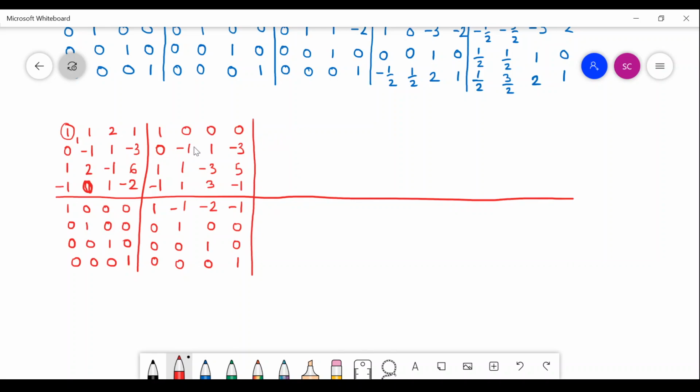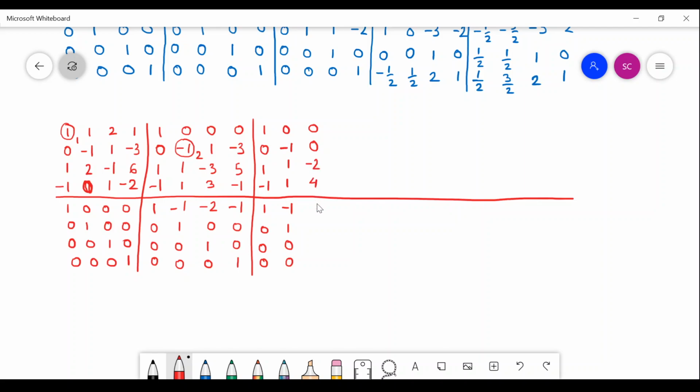So the next pivot element that I have chosen is this, and this is what you get. You want to vanish this element, this row, as you want to make it 0, so you are simply adding.